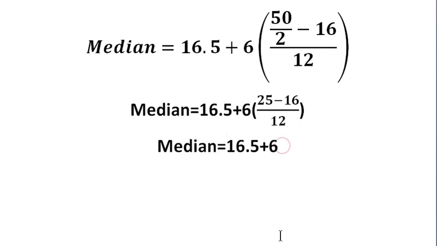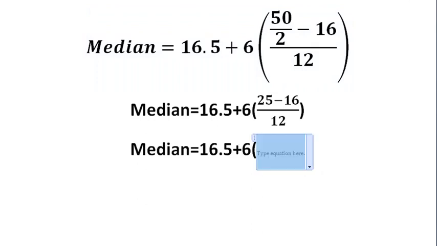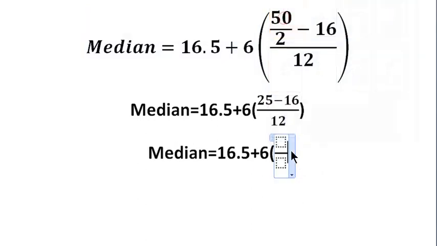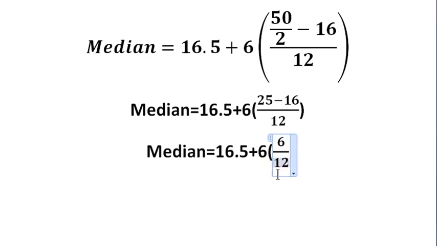So we'll have 25, open your bracket, 25 minus 16 will give us 9, all over 12. We close the bracket.